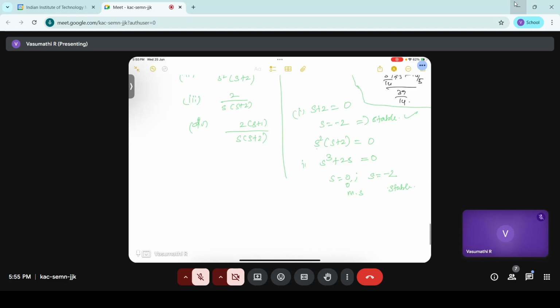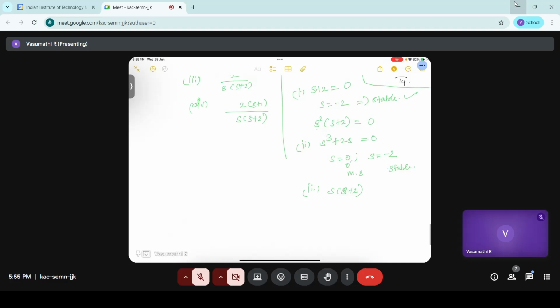Okay. The third option is s into s plus 2. For this, again, one will be in the origin, one will be at minus 2. Similar to that, marginally stable one, stable another. Right. Another will be s into s plus 2. Oh, both are same, right?